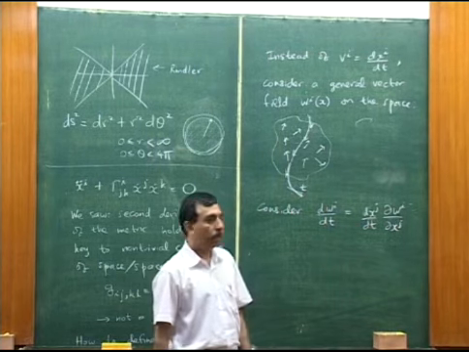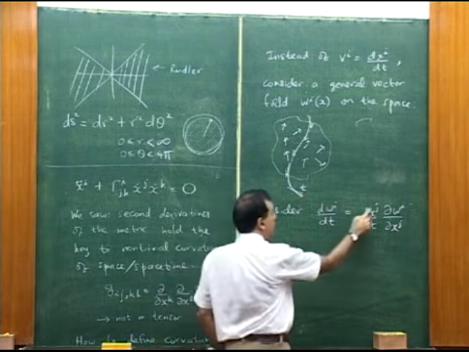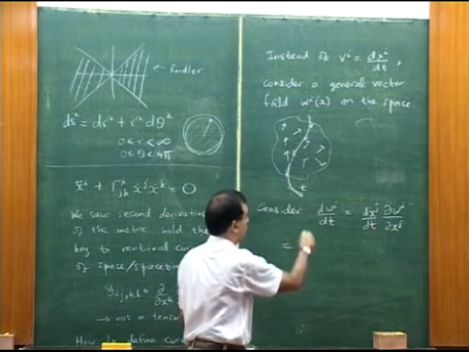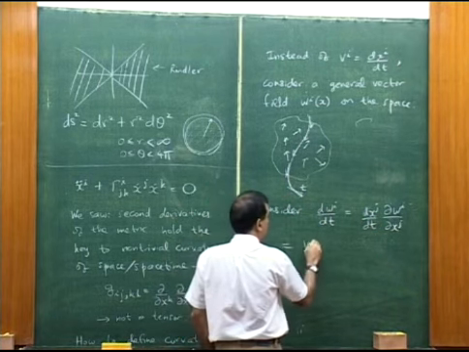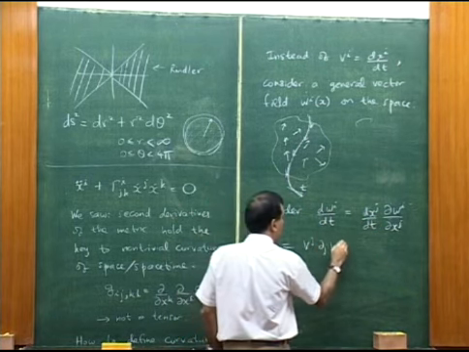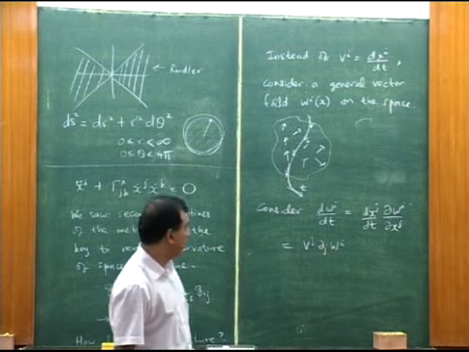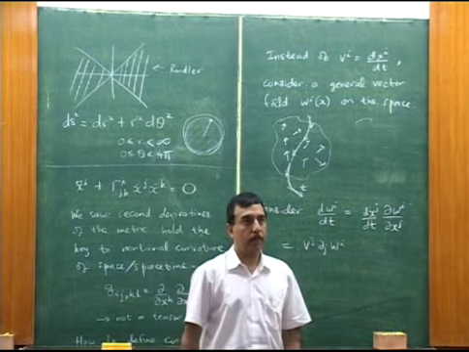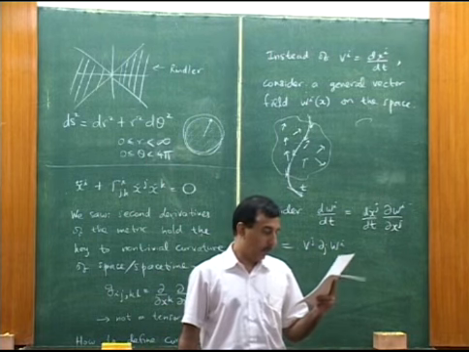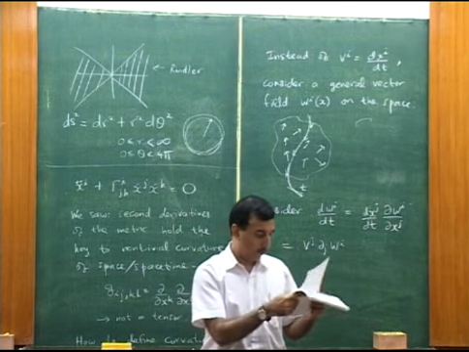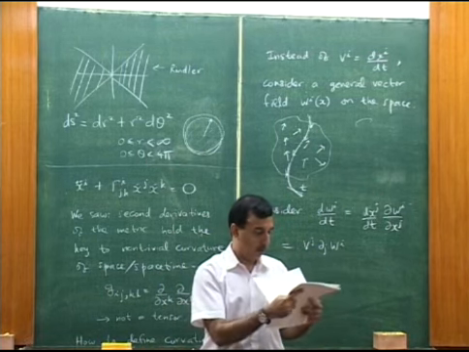Just chain rule. But dxj by dt is the velocity vector along the geodesic. So this thing is Vj dj Wi. Just a way of writing it. Okay. So this describes the variation of the vector field along a geodesic.